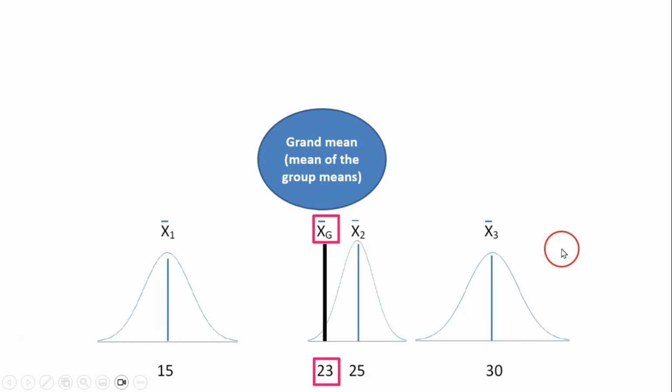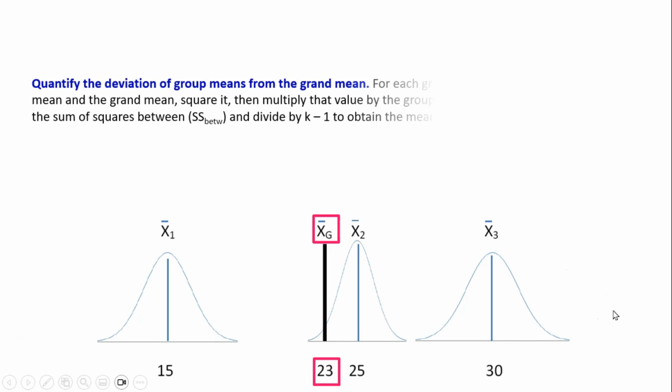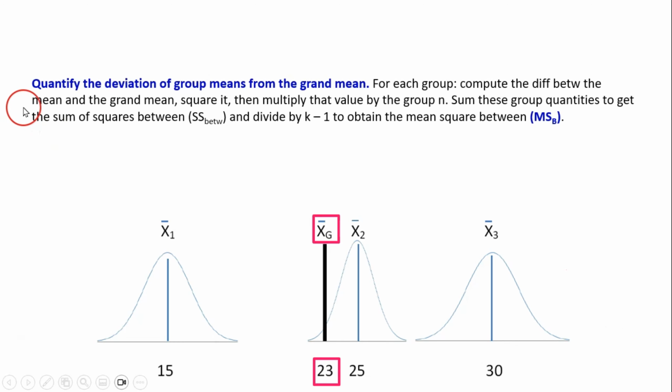So, first thing you're going to do is quantify the deviation of group means from the grand mean. For each group, you compute the difference between the mean and the grand mean, square it, then multiply that value by the group n.